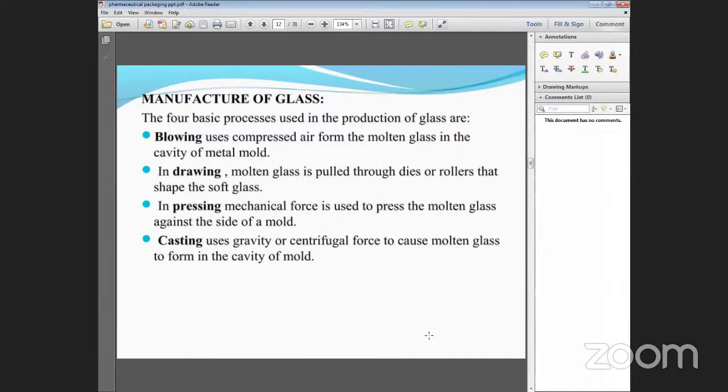That means molten glass, in liquid form, is added to a metal mold, and air pressure is constantly generated into the blowing system that pressurizes the molten glass to take a particular form. In drawing, the molten glass is pulled through dice or rollers that shape the soft glass.